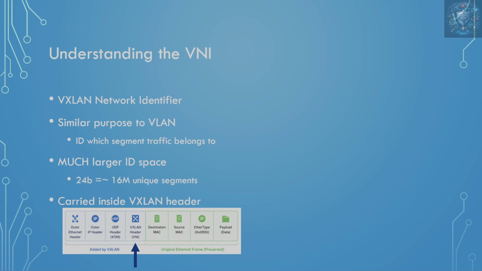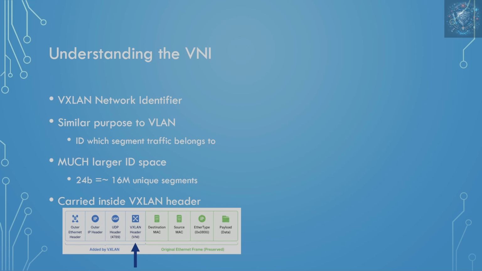So VLANs only use a 12-bit identifier for that ID space. And that limits us to exactly 4096 segments. So we cannot have more than 4096 VLANs. And some of those, as we know, are already reserved for specific functions.